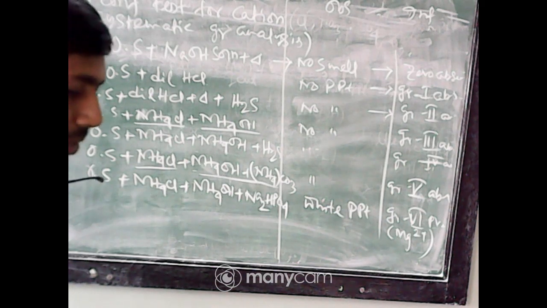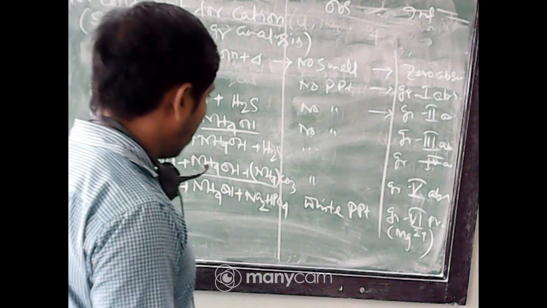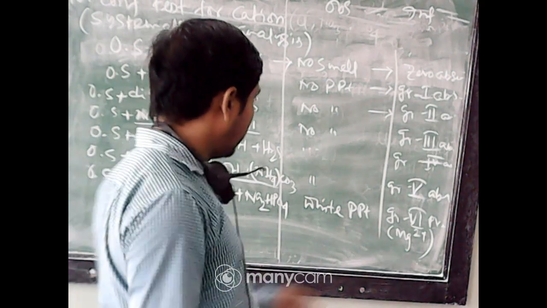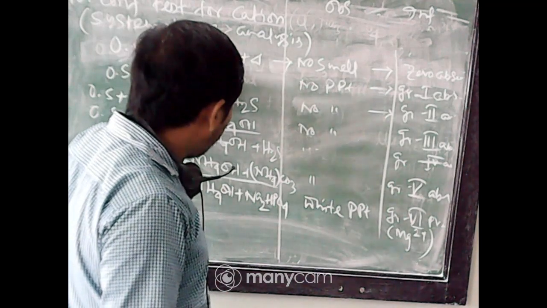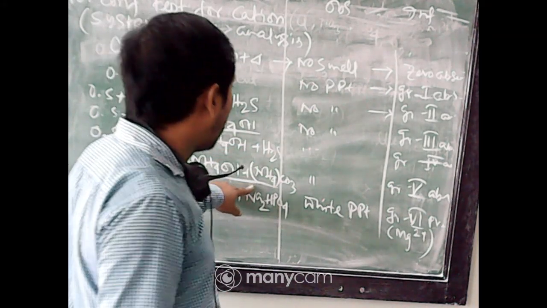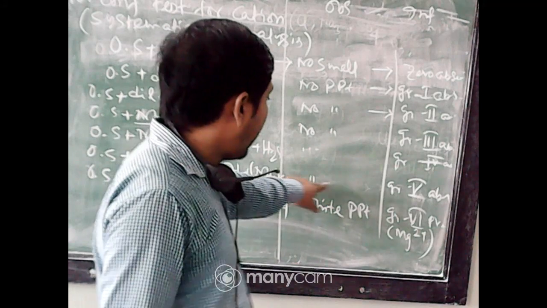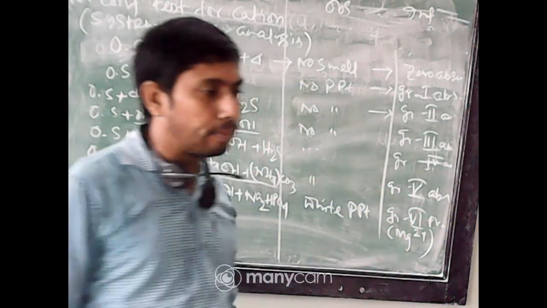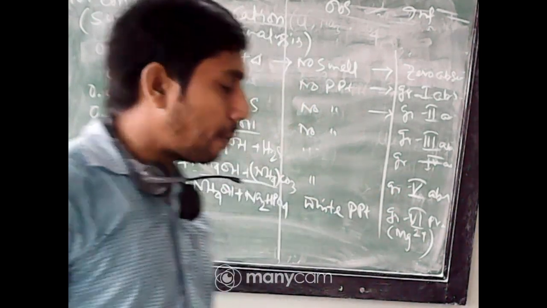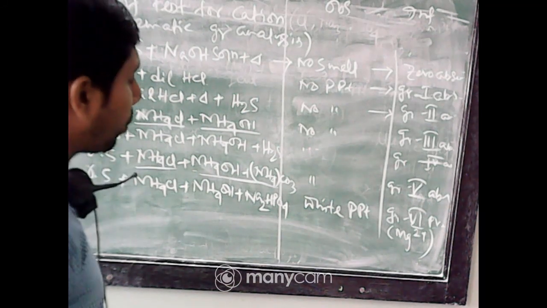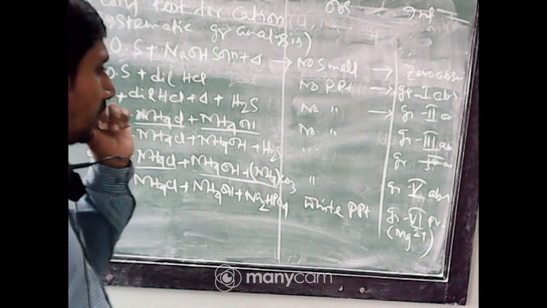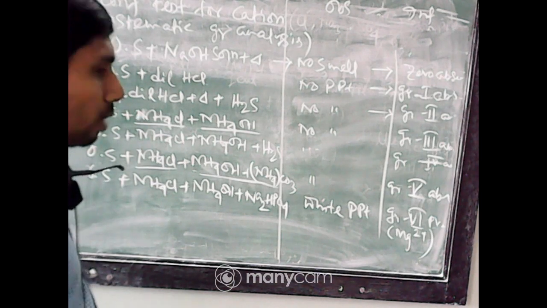Now I am giving one example. If your cation is present in group 5, then in that way you have to follow up to group 5. You will get a PPT here, and taking this PPT you have to test for it. Suppose you have got barium. Now this PPT you have to dissolve in a particular solvent.